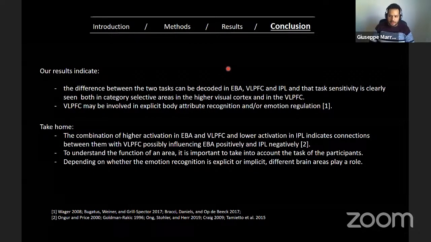Let's say that EBA, so specific body areas, didn't show a task effect so far. So there is for sure a task effect which is not related directly to emotion, but only to body attributes, and has been shown by previous studies. Here I also put the references about it.